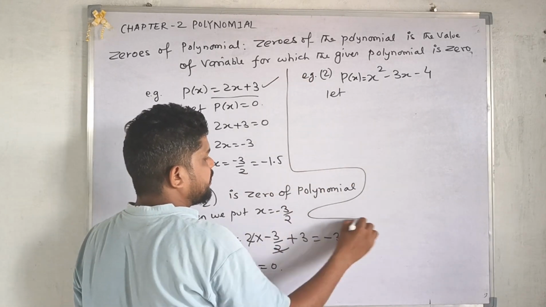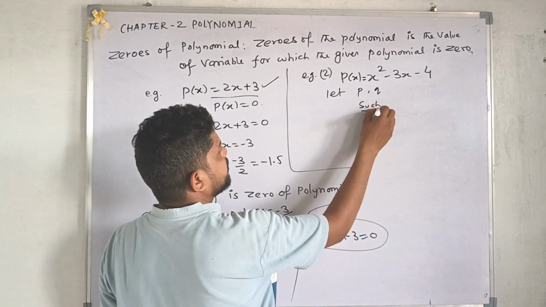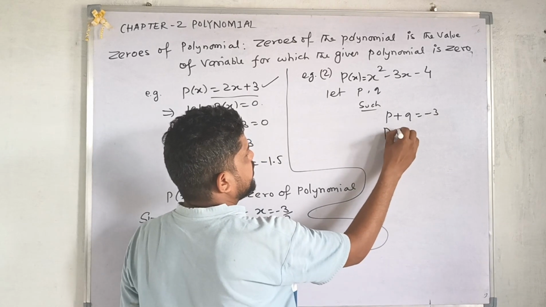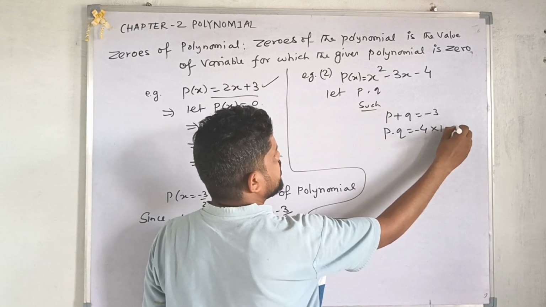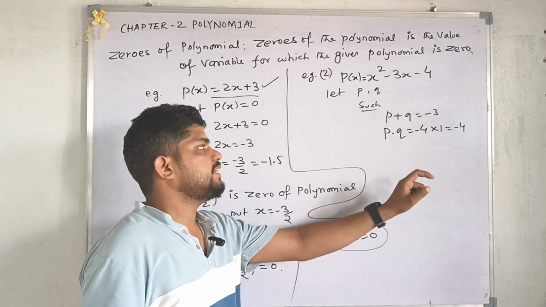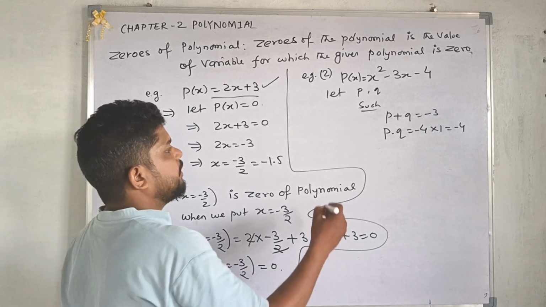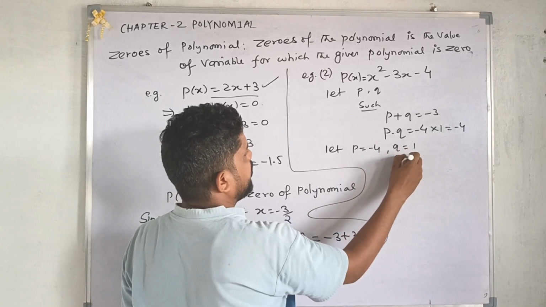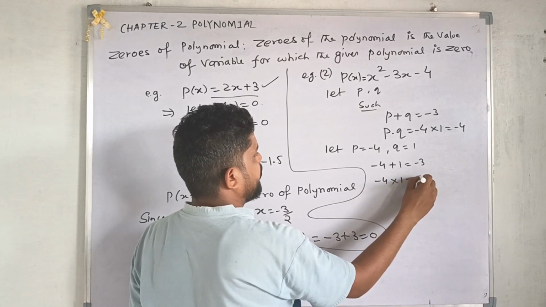So by this method, think about two numbers p and q such that their sum is minus 3 and their product is minus 4 into 1, which is minus 4. Let p be minus 4 and q be 1, so minus 4 plus 1 is minus 3 and minus 4 into 1 is minus 4.